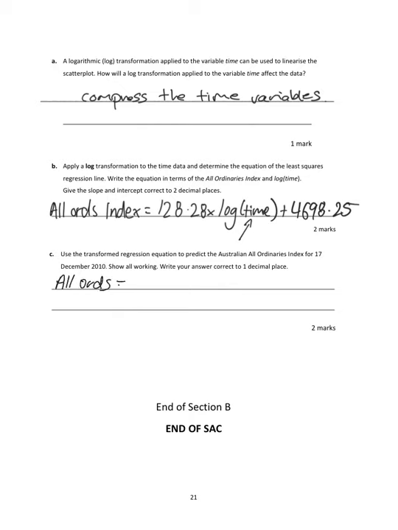Okay, got to show working. 128.28 times the log 10 of 17, plus 4698.25. All right, we can use the rounded off equation here, guys, because it says use transformed regression equation. So use the one that we've just made. Okay, so I'm going to quickly whack that in the calculator. And we're done.